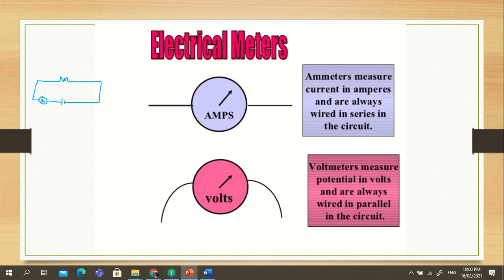Then a voltmeter measures the potential in volts and is always wired in parallel in the circuit. So parallel in the circuit. So if you have this circuit something like this, and you have here the resistance, normally the voltmeter is here, connected in parallel.